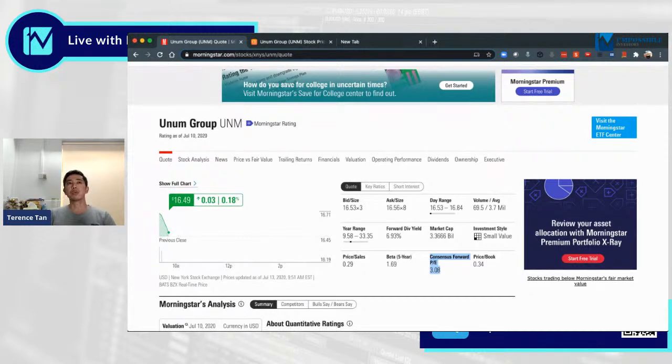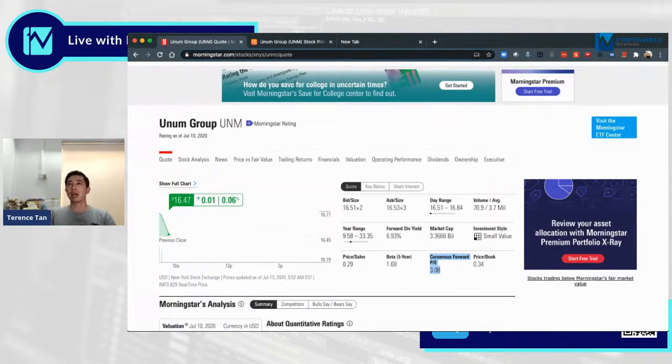So for those of you who do not understand, PE ratio is basically stock price divided by the earnings per share. The lower this number is, the better the valuation of the company. But you also want to compare it with similar companies in the same industry, which will give you a comparison of how cheap it actually is.